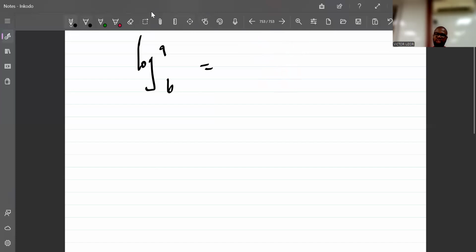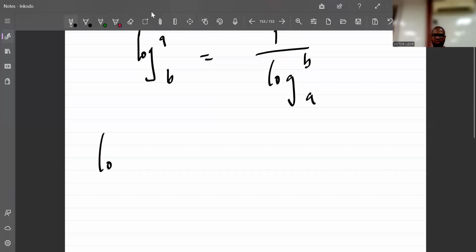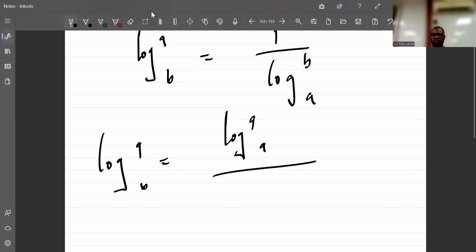So you can have 1 all over log, another change, 1 over log A. So how do we get this part? We can just say log A B is the same thing, using the change of base, as log A A all over log B A. And log to its own base is 1. It's 1 over log B A.